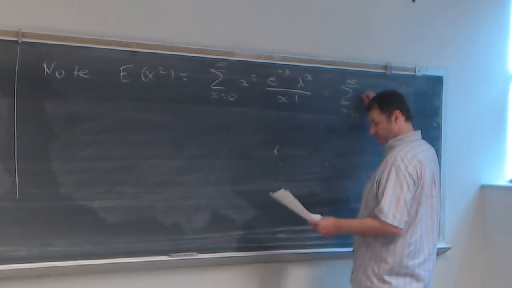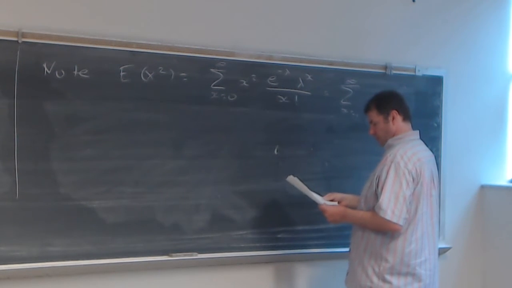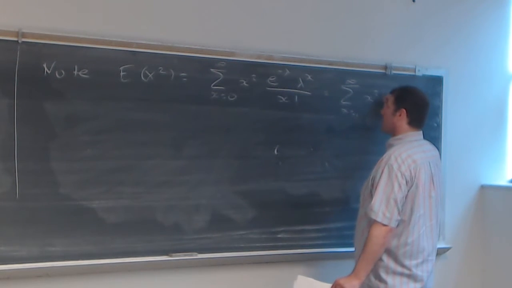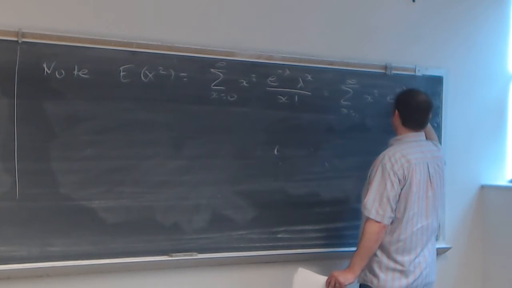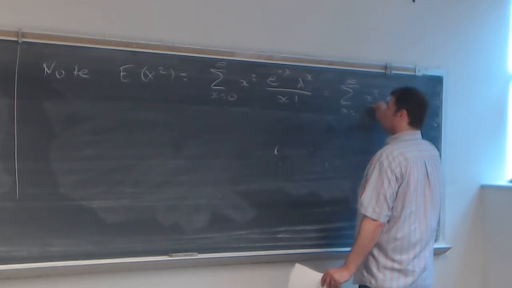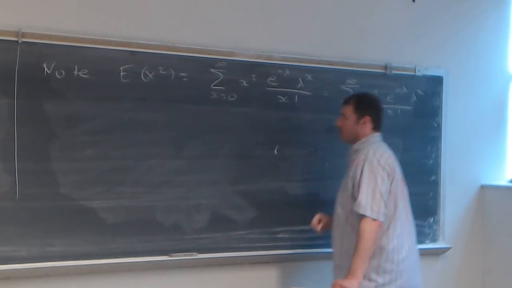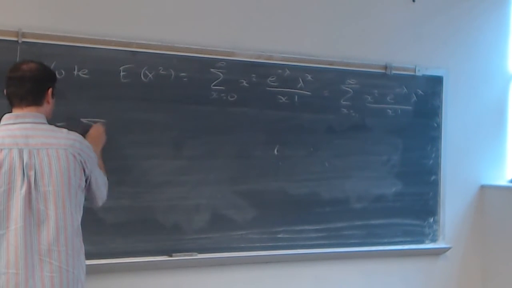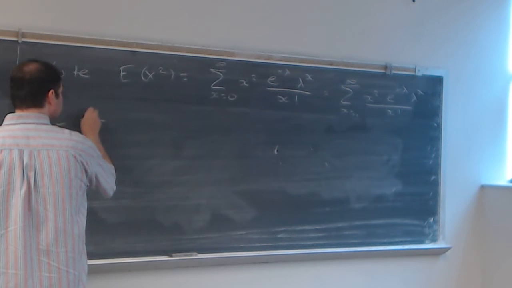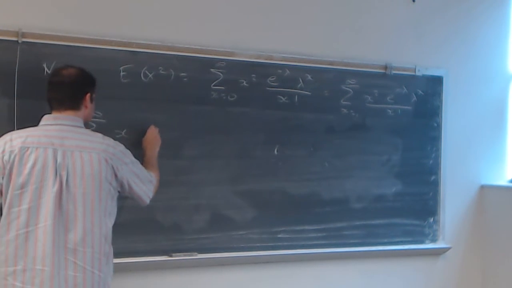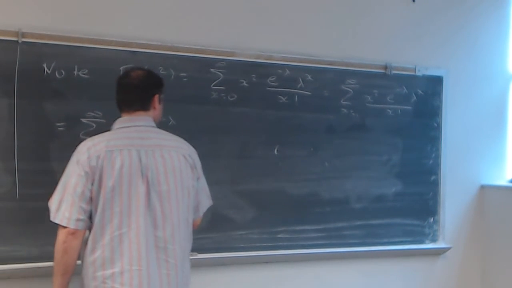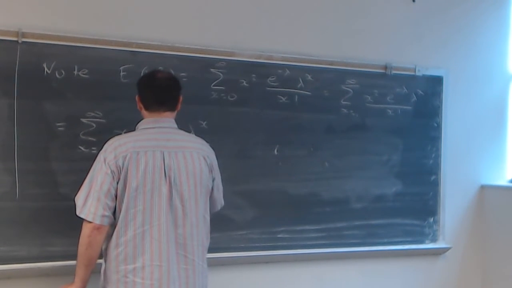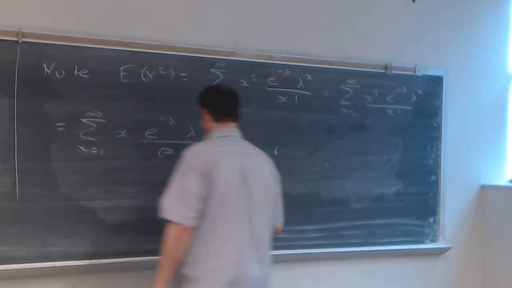of x squared e to the minus lambda, lambda to the x, all over x factorial. And again, we can cancel out one of those x's, so this is equal to the sum as x runs from 1 to infinity of x e to the minus lambda, lambda to the x, over x minus 1 factorial.